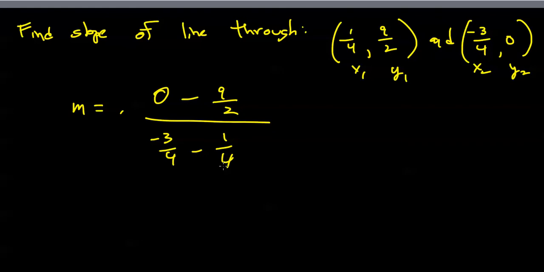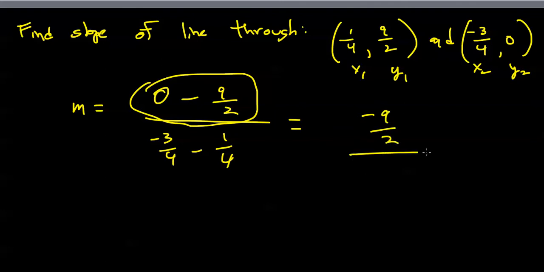Now, students tend to panic in problems like this and lose points that are not too difficult. All right, let's take it a step at a time. 0 minus 9/2. Well, 0 minus anything is just going to be minus anything. So minus 9/2 appears in my numerator.